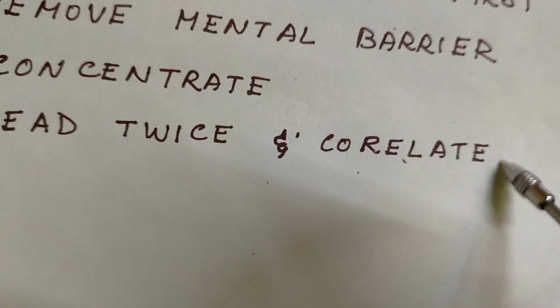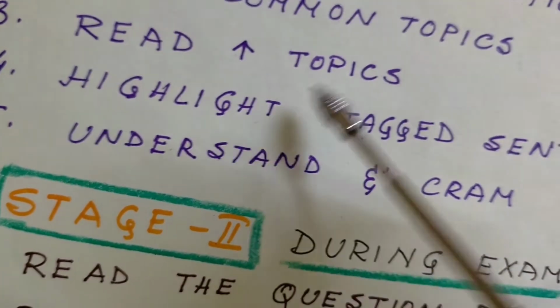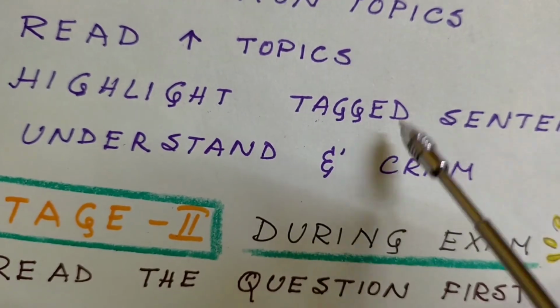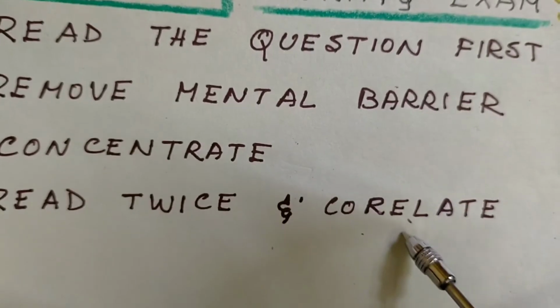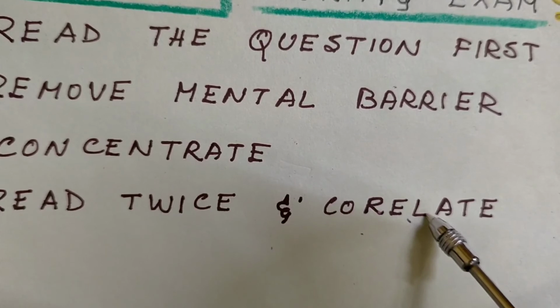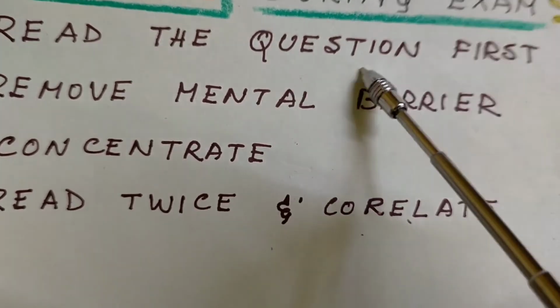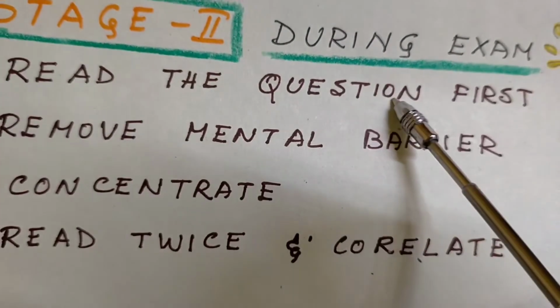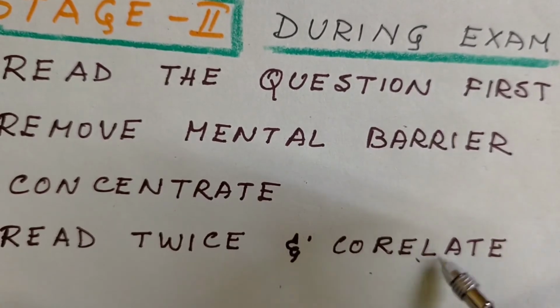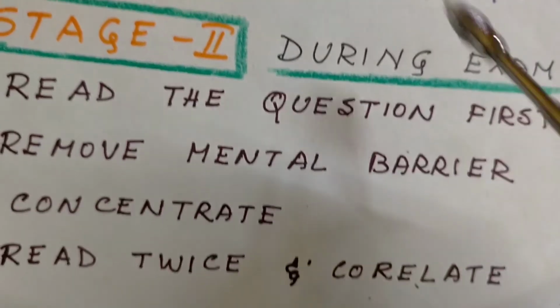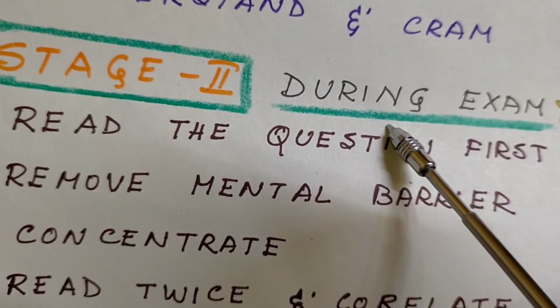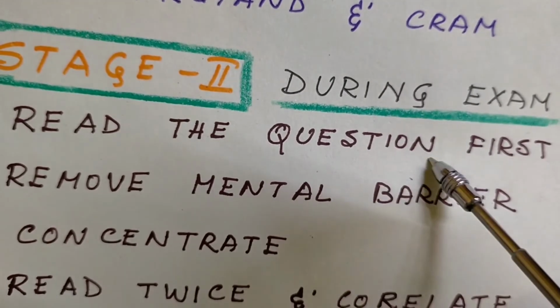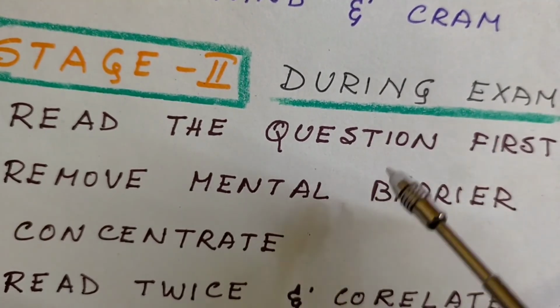Now correlate this case with the topics which you have learnt, and go to the highlighted or tag sentences. Try to locate the tag sentences in the given case in the question paper. Try to highlight the tag sentences, correlate and find them. This will help you to get the accurate, correct answer.